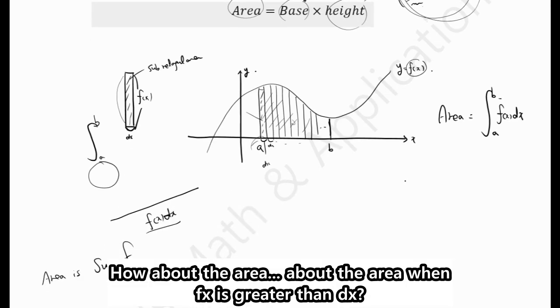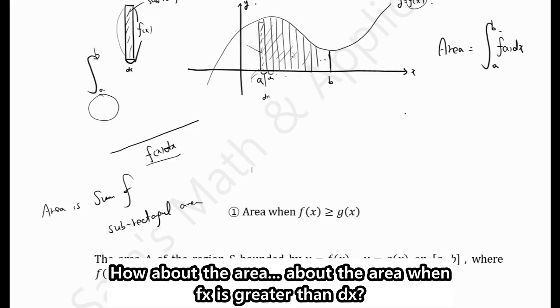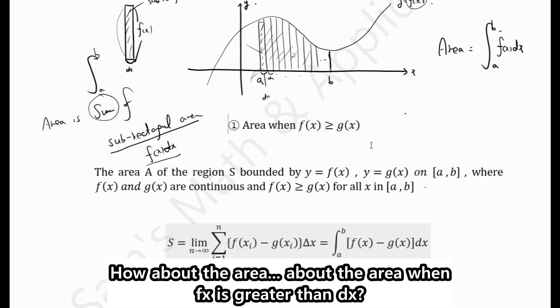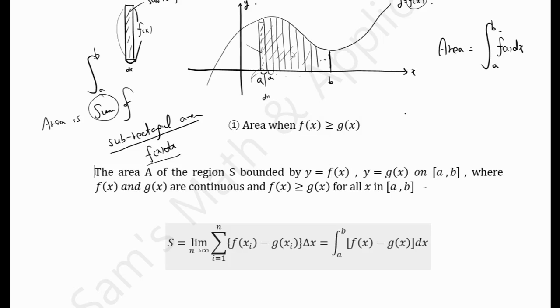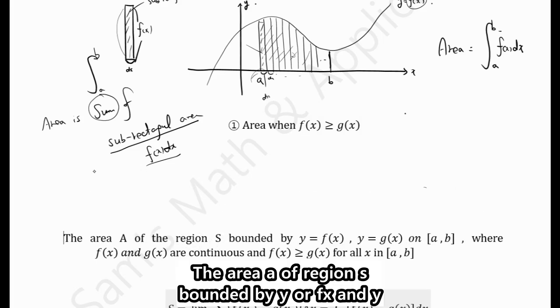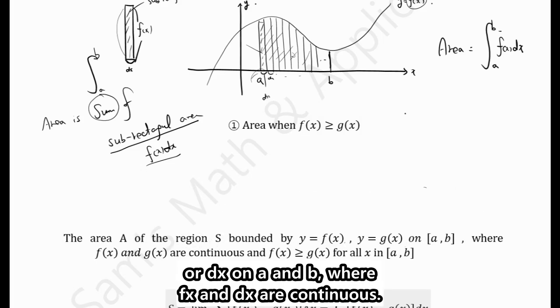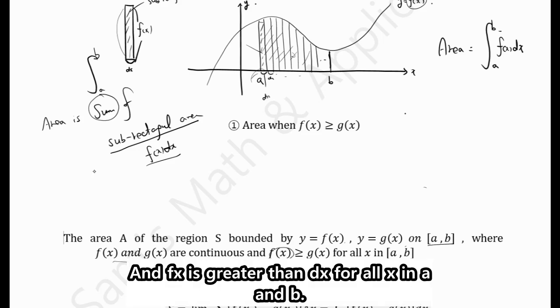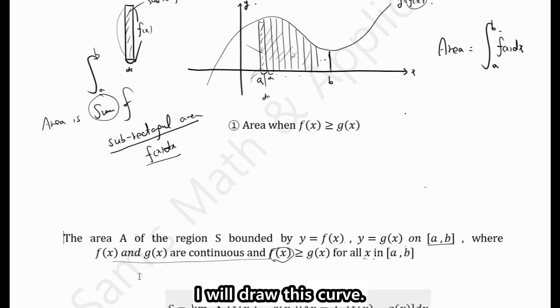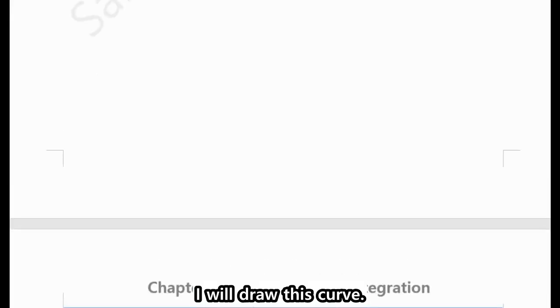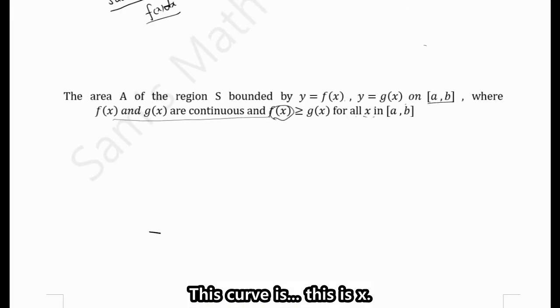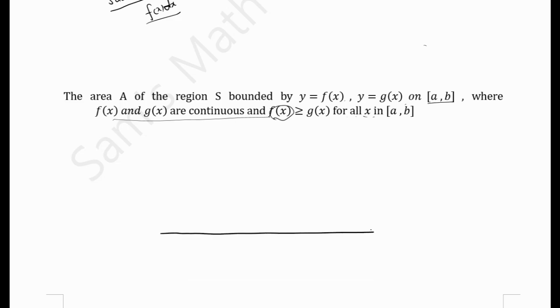Now how about the area when f(x) is greater than g(x)? The area A of a region bounded by y equals f(x) and y equals g(x) on [a, b], where f(x) and g(x) are continuous, and f(x) is greater than g(x) for all x in [a, b]. I will draw this curve. This is x, and this is y.